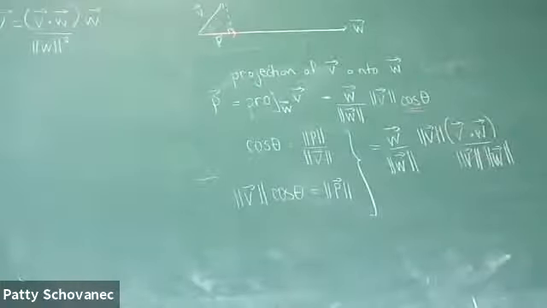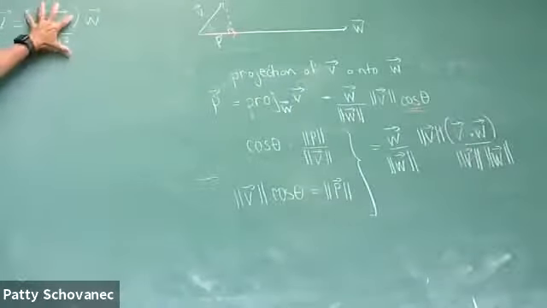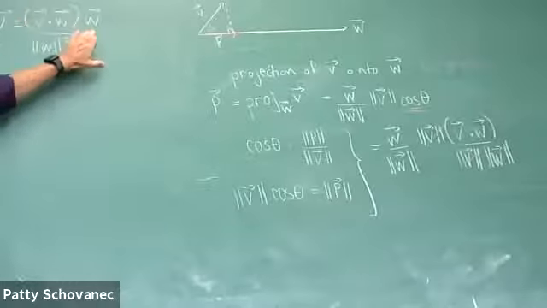There's that formula. So this is a scalar, this is a scalar, so all of this is a scalar multiple of the vector W.